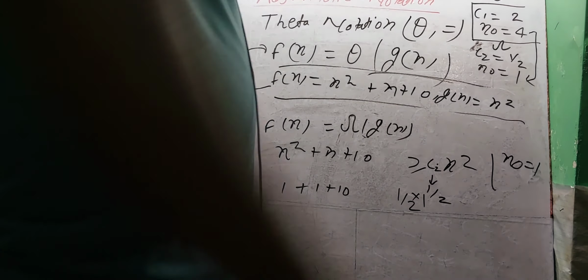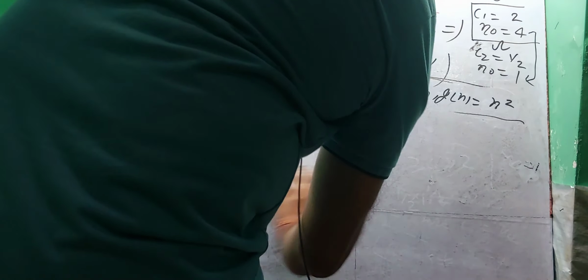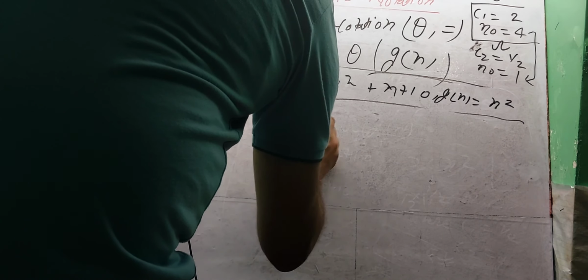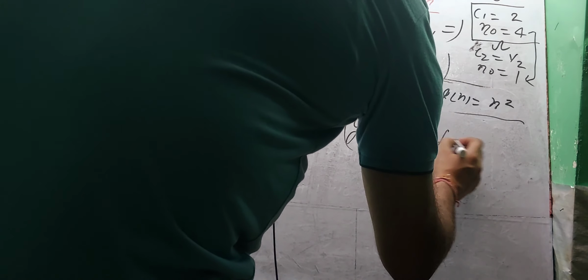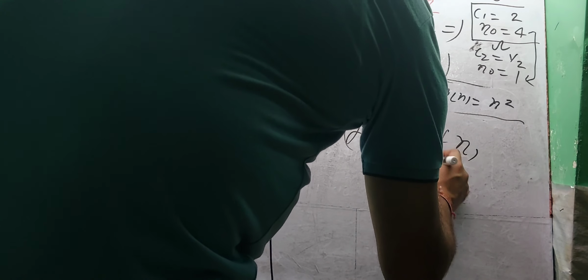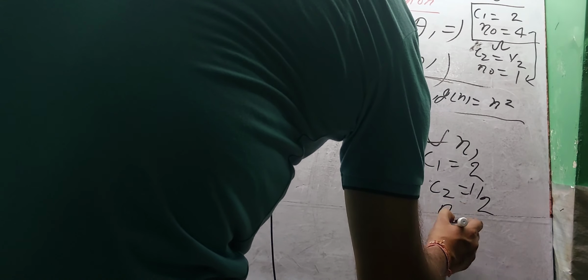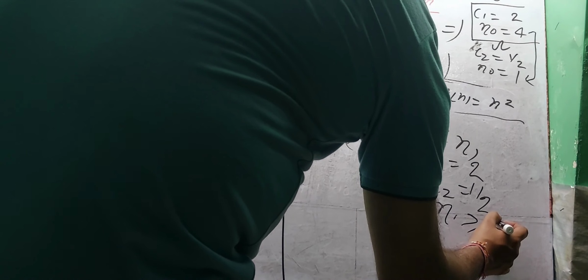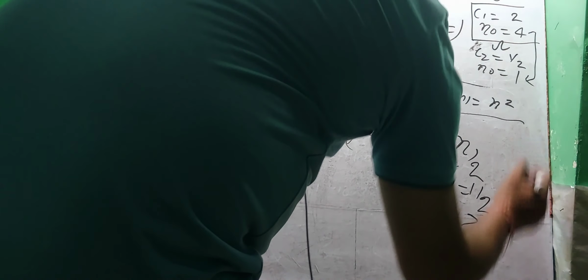Now write in terms of theta: f of n equals theta of g of n for all n, if C1 equals 2 and C2 equals 1 by 2, n is greater than or equal to n naught, and n naught equals 4.